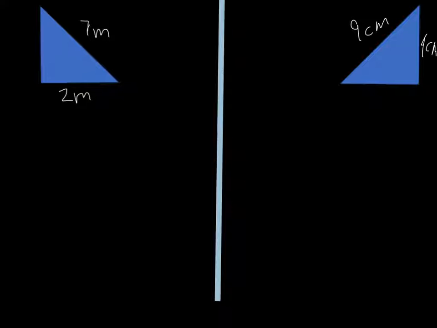You'll notice that these ones are a bit different. The reason is because we already have the value for the hypotenuse, or the C value. So we need to find another one.